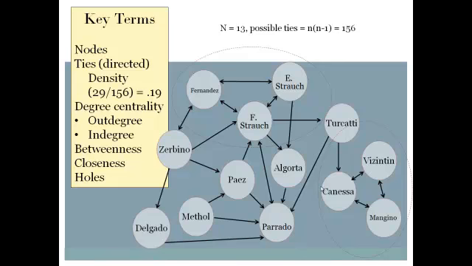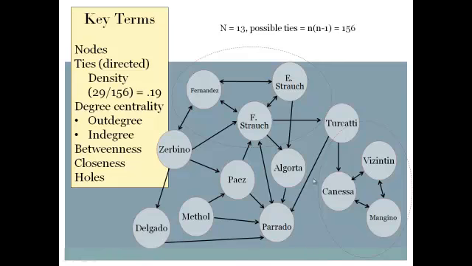Okay, so let's talk about each of these individual names. Each of these individual circles is called a node, and each node has different numbers of connections. For example, let's take a look at Parado over here.